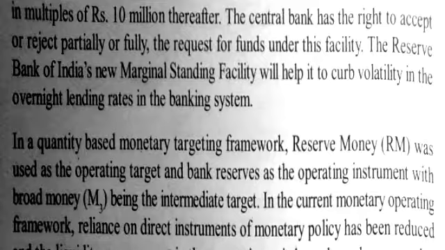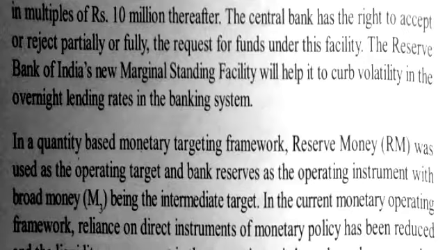The central bank has the right to accept or reject, partially or fully, the request for funds under this facility. The new Marginal Standing Facility will help it curb volatility in the overnight lending rate in the banking system.